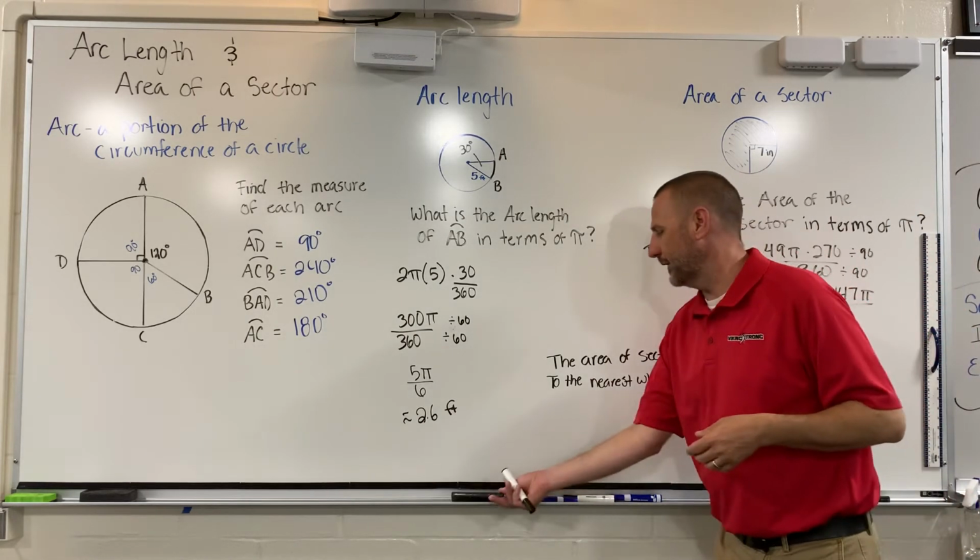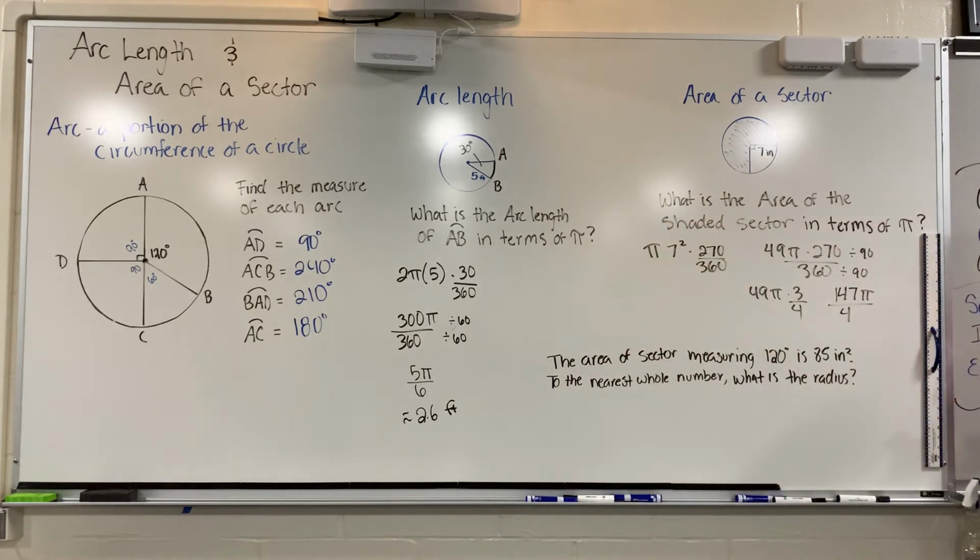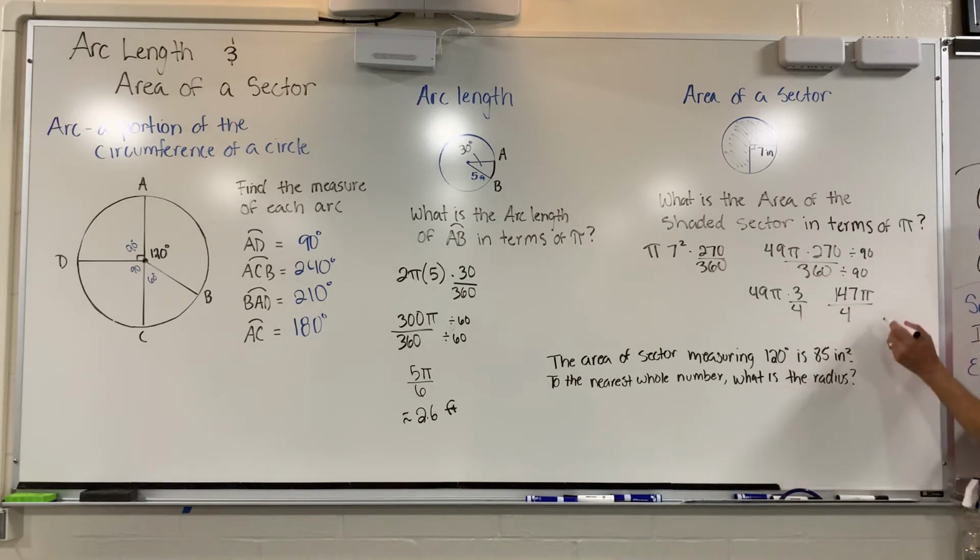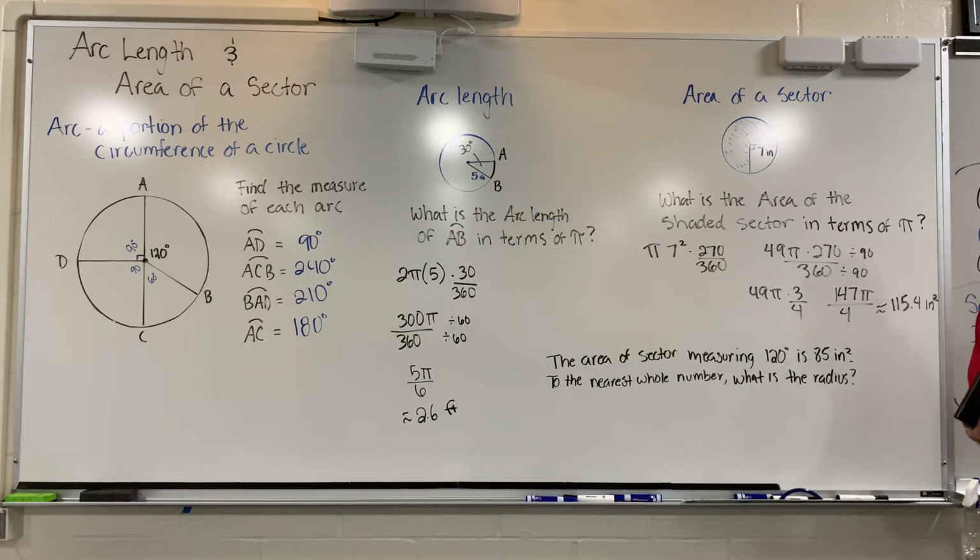I forgot to write that down, but that's all good. If I want to know the exact answer, I take 147, times it by 3.14, and divide it by 4. And I get an area of 115.4 square inches.